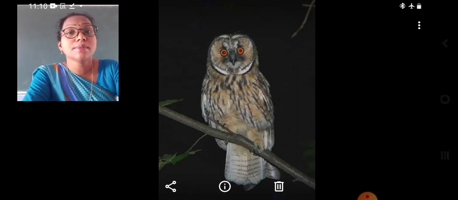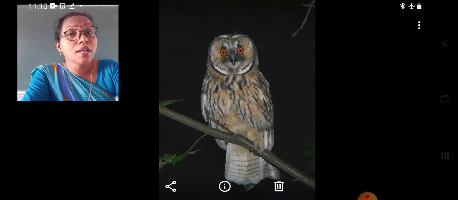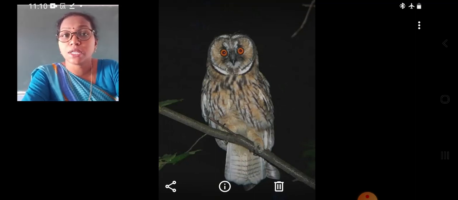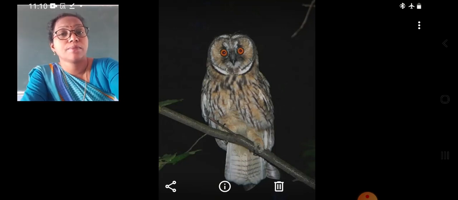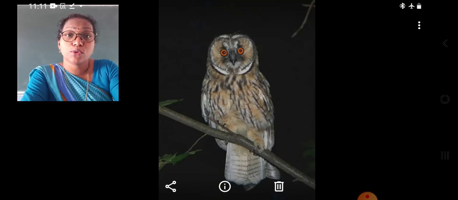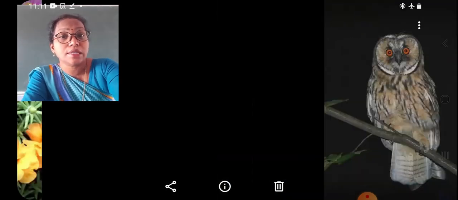These organisms are called nocturnal organisms. So nocturnal organisms are active during the night time, the opposite of diurnal, which are active during the daytime.